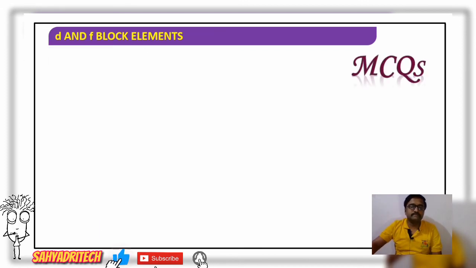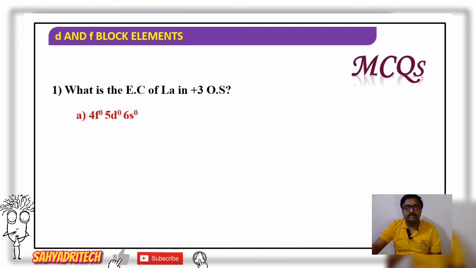Coming to the MCQs, the first one: what is the electronic configuration of lanthanum in +3 oxidation state? We know for lanthanum, the outer configuration is 4f0 5d1 6s2.